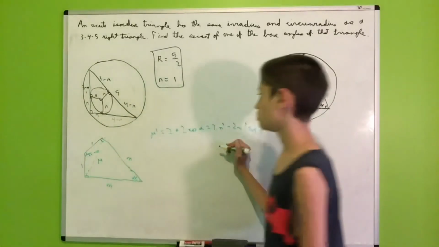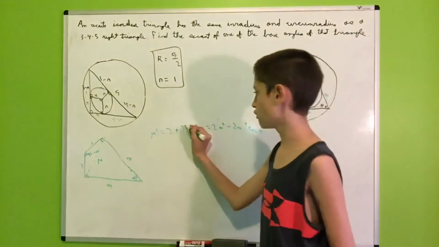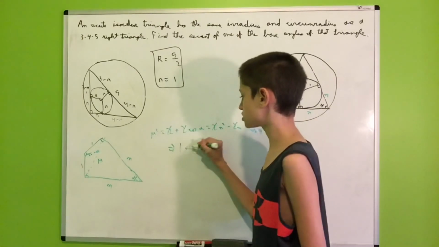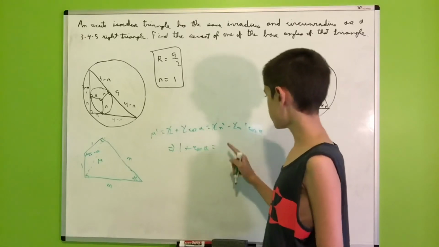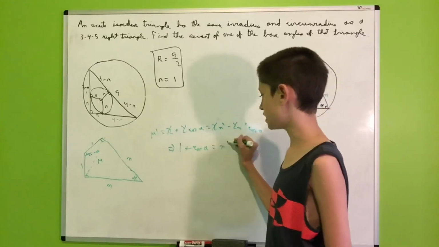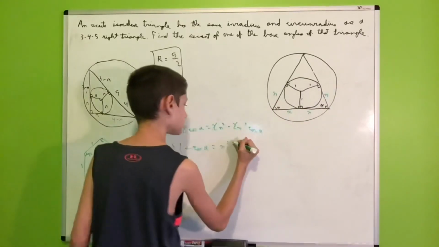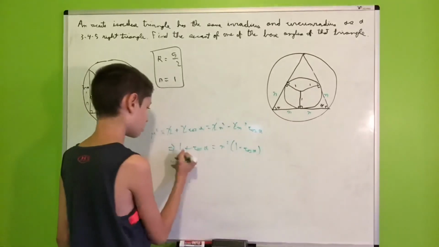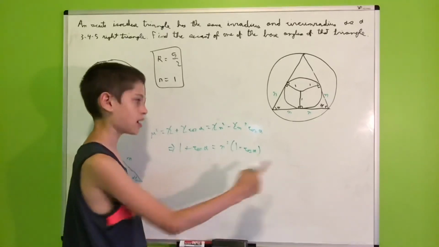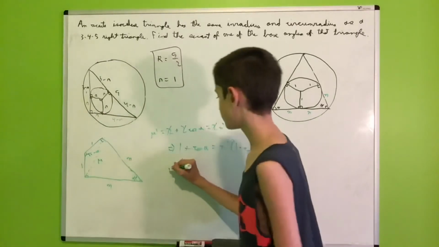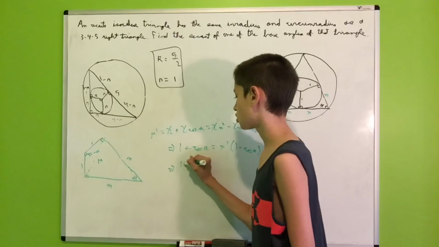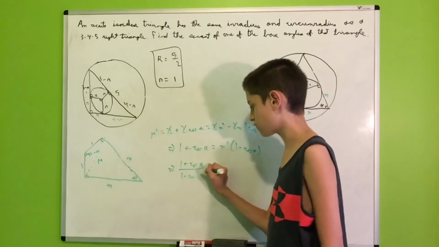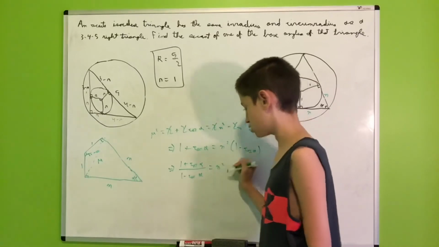Now we can simply divide everybody by 2, giving us 1 plus cosine alpha equals, factoring out the n squared term, n squared times the quantity 1 minus cosine of alpha. Then let's divide both sides by 1 minus cosine alpha. So we'll have 1 plus cosine alpha over 1 minus cosine alpha is equal to n squared.